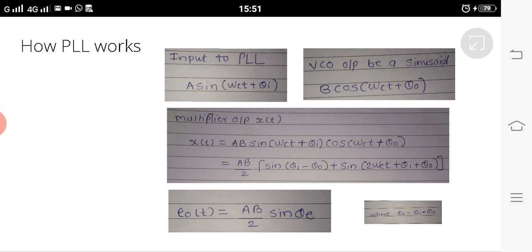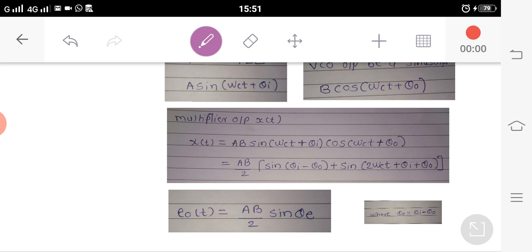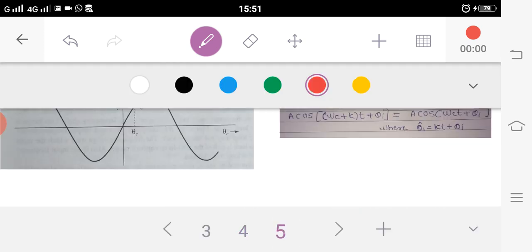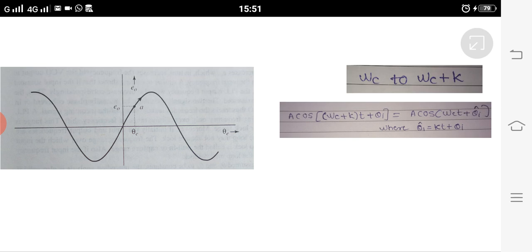Now if you just check the next figure, which is here on the left hand side, which is basically the plot of E naught versus theta I. Using this plot we can explain the tracking mechanism of the particular PLL.